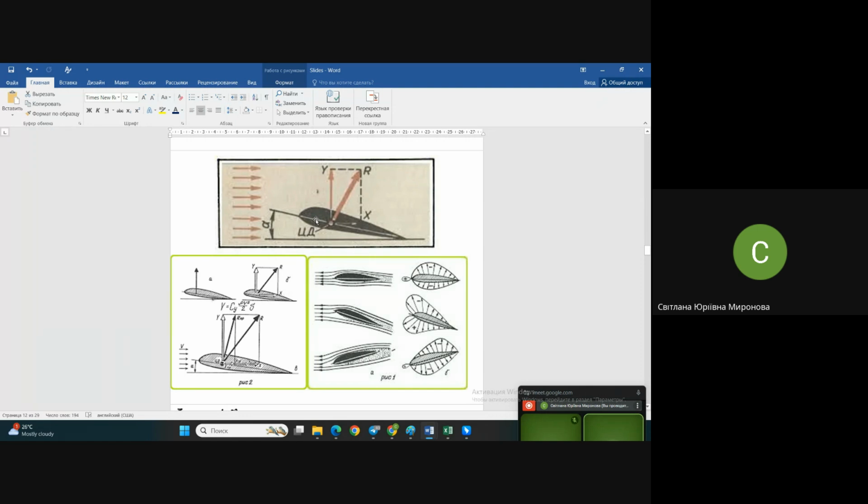Such a point is called the focus, and the focus is a point where the moment of all the resulting aerodynamic forces with respect to this point will be equal to zero. In each profile, such a point is the same regardless of changes in the spatial position of the profile.